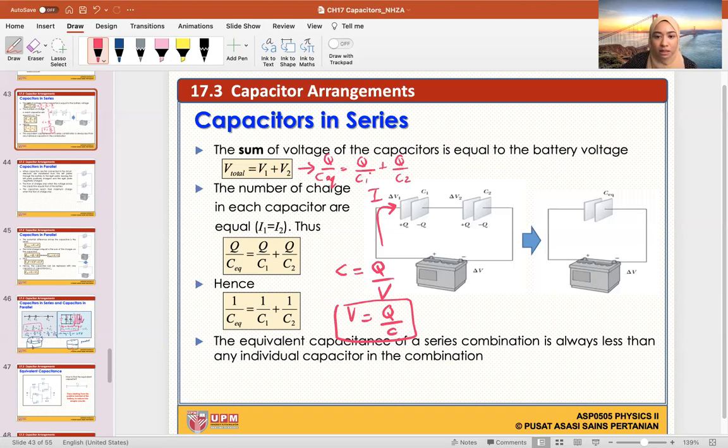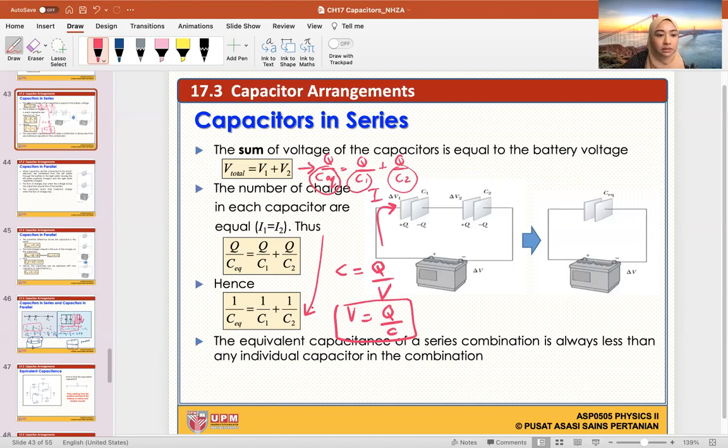What is different here is your C1, C2 and C equivalent. From this equation, we get the equation for our C equivalent for a series circuit. That's it.